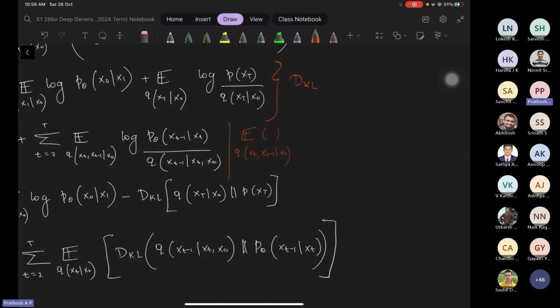Now this can be written as a product of two expectations. The first expectation is with respect to q of xt given x naught, and the second expectation is with respect to q of xt minus 1 given xt and x naught. This is similar to Bayes rule. This is called the property of conditional expectation.